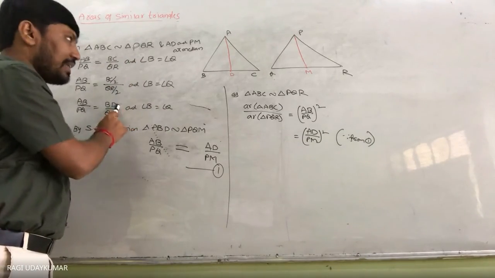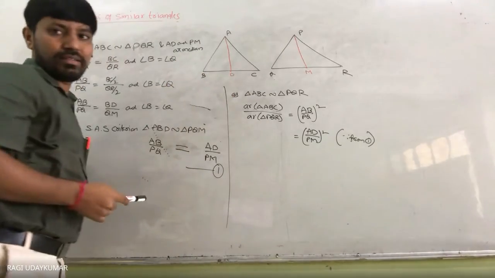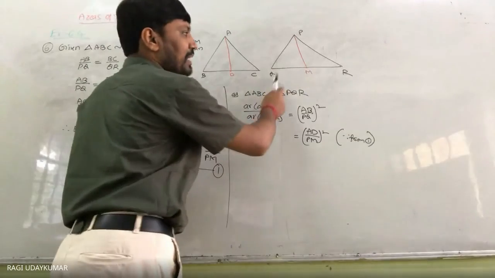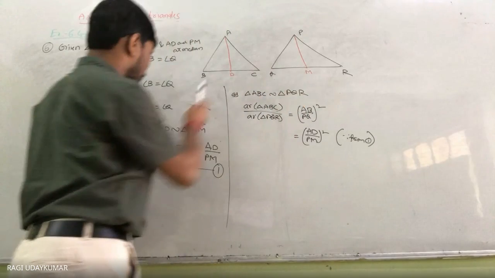We are using that, D is the midpoint, so BC by 2 is equal to BD. M is the midpoint of QR, so QR by 2 is equal to QM.